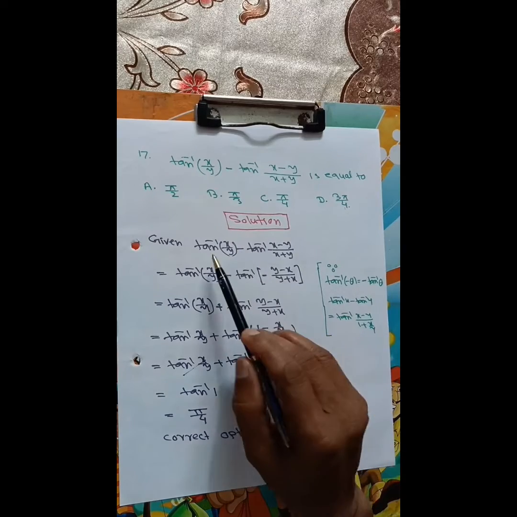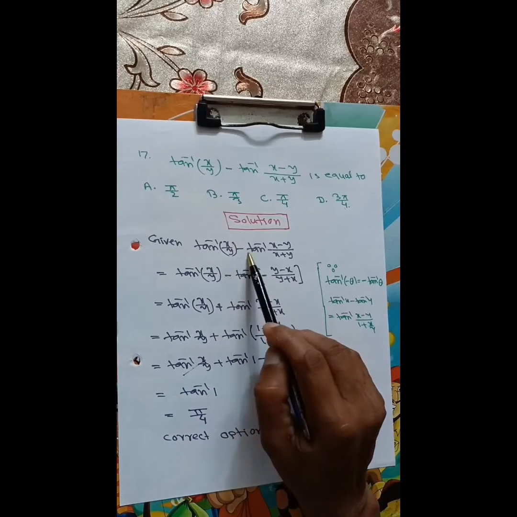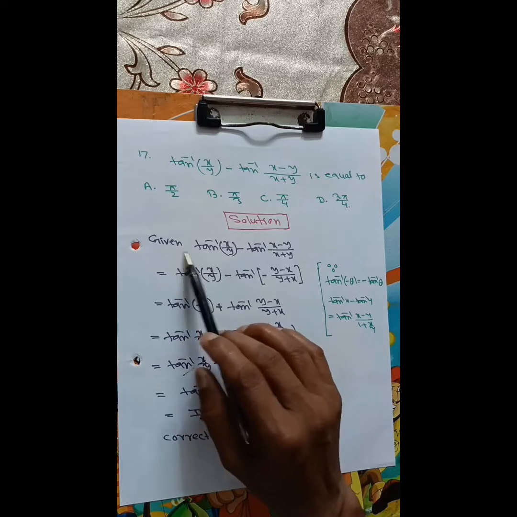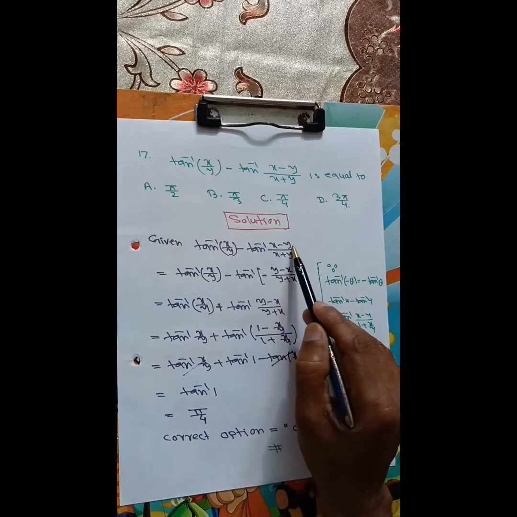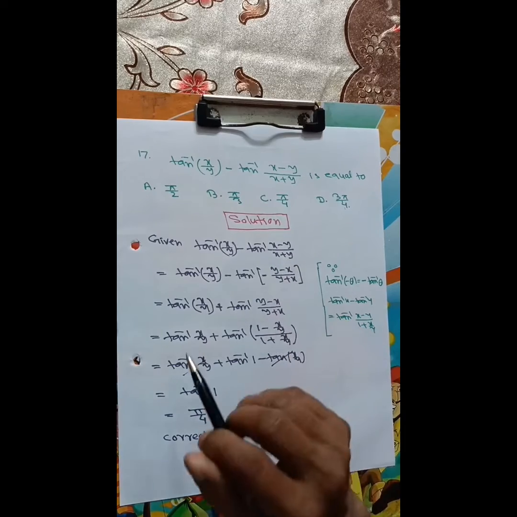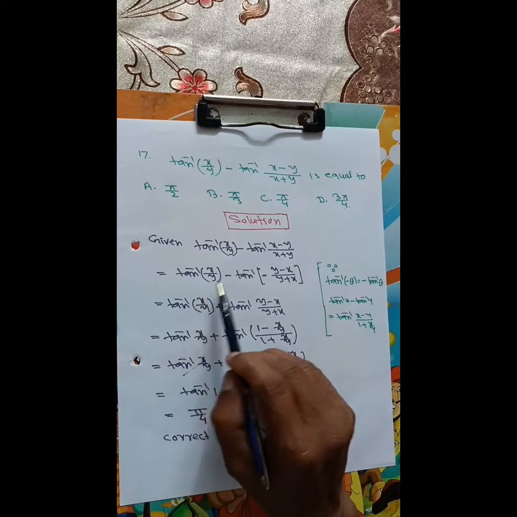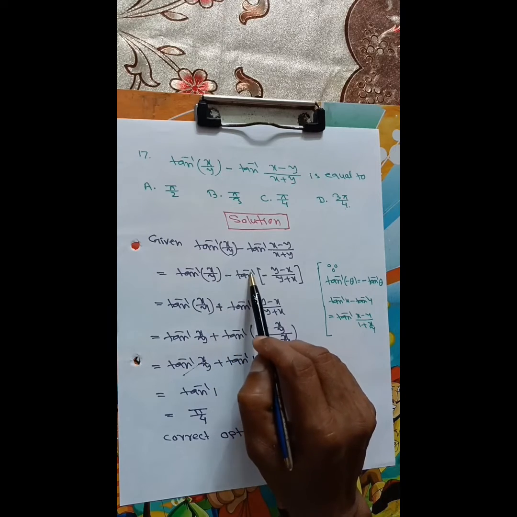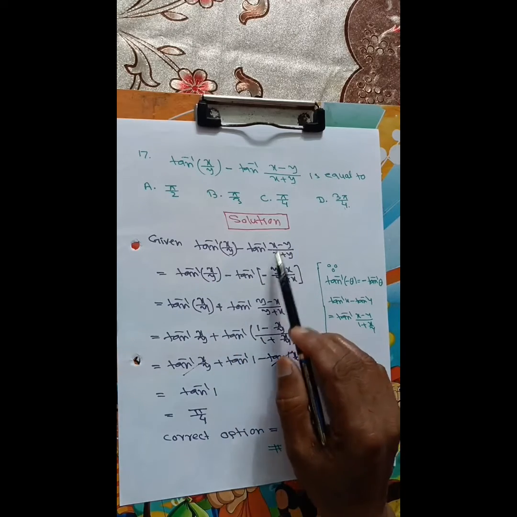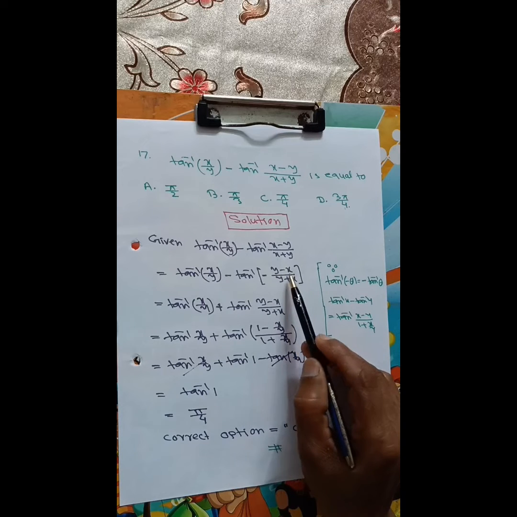Solution. Given tan inverse of x by y minus tan inverse of (x minus y) divided by (x plus y). Okay. This implies tan inverse x by y minus tan inverse, taking minus common, we get (y minus x) by (y plus x).